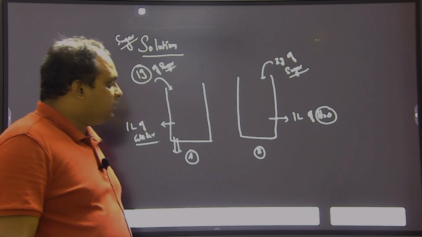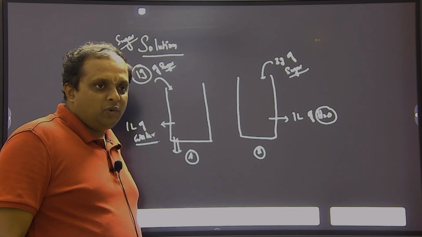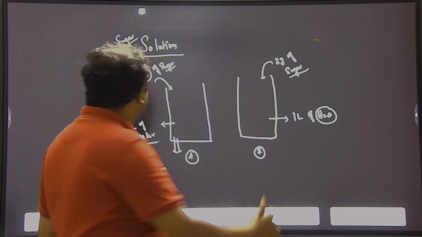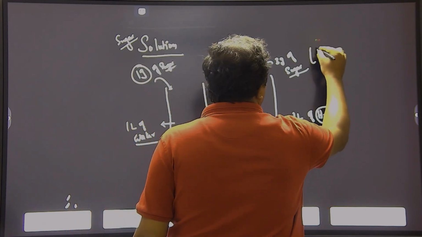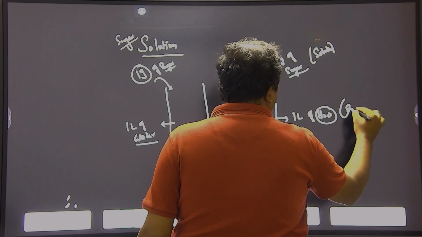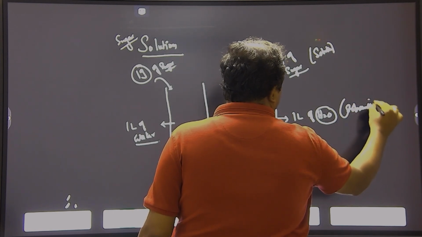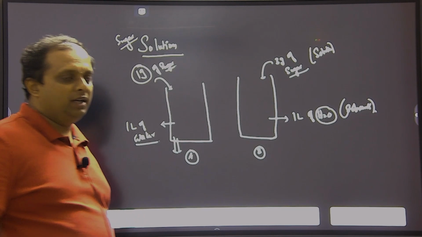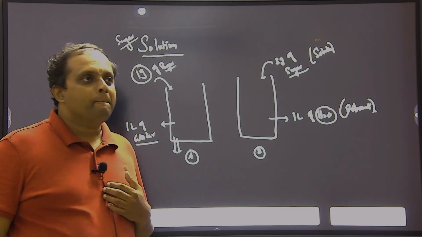So both are sugar solutions, and both are going to have a solute component. We call this the solute, and this will be the solvent component. So both have a solute component as well as a solvent component, right?